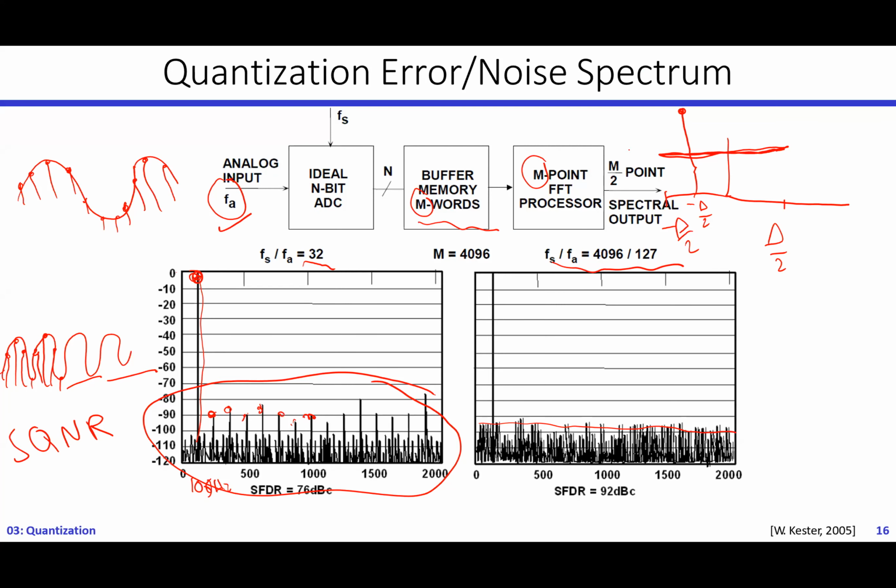Since we are only interested in 0 to Fs over 2, we take only half of the FFT output. The other half, from Fs over 2 to Fs, is redundant, the same thing, and does not give us more useful information. Okay. Any question? Is this clear?